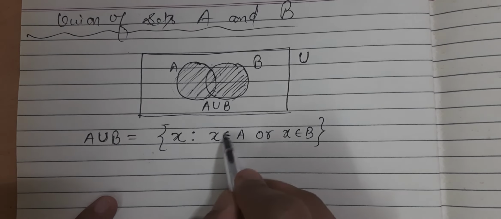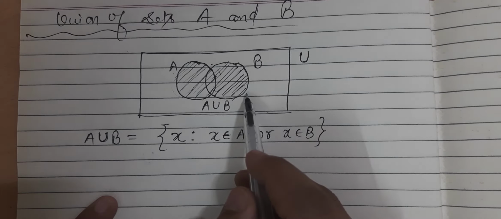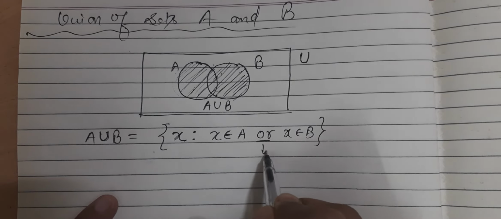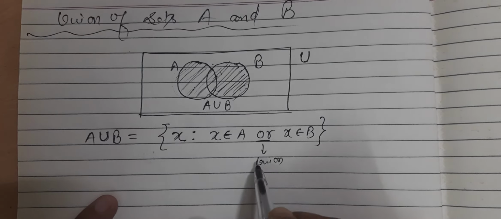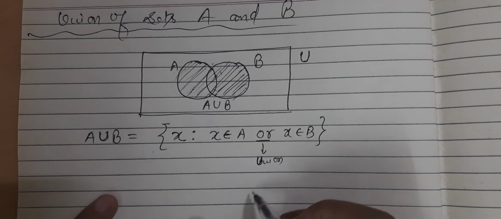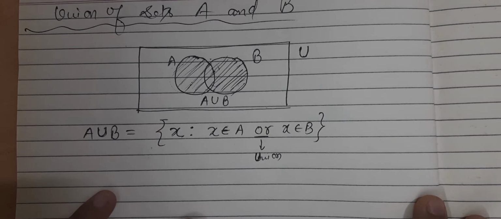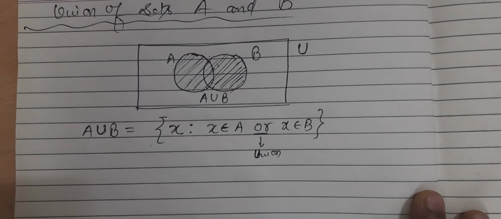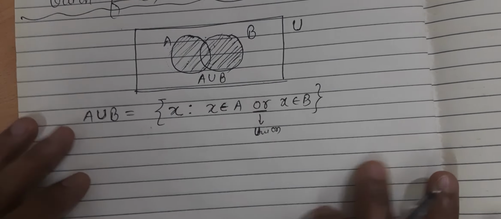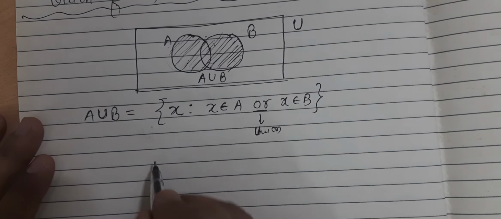So either in A or in B or in both. So this word 'or' means union. Be careful: when we write union, we use the word 'or', and when we find intersection we use 'and'. Now let us see how to represent intersection.